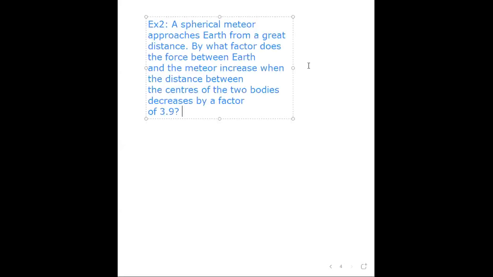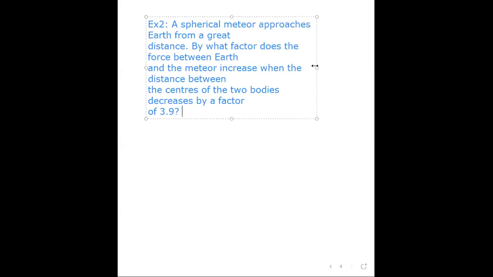We have example 2. A spherical meteor approaches Earth from a great distance. By what factor does the force between Earth and the meteor increase when the distance between the centers of the two bodies decreases by a factor of 3.9?